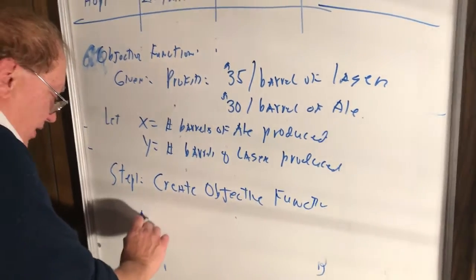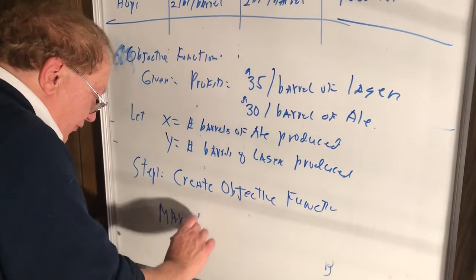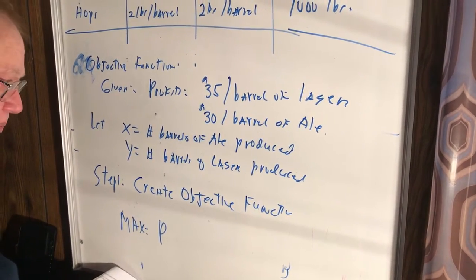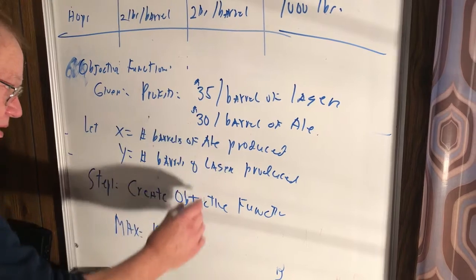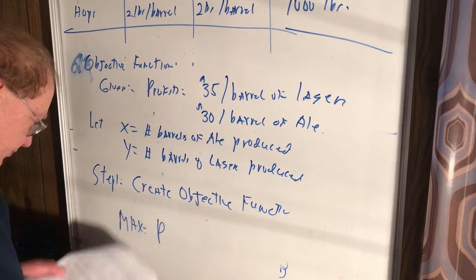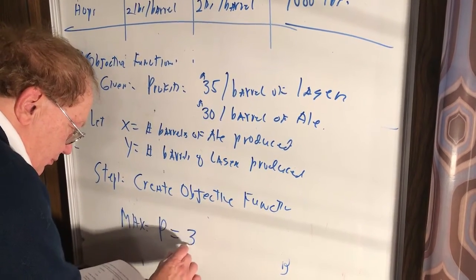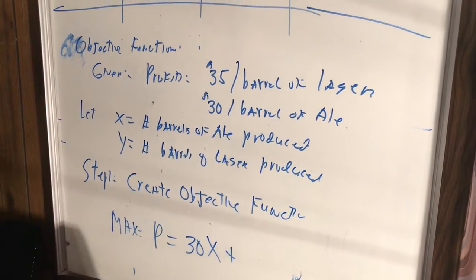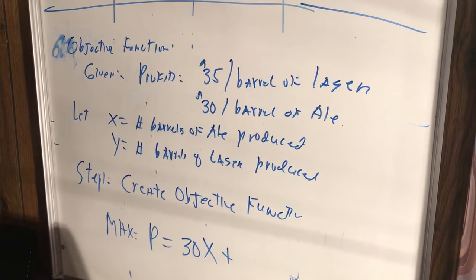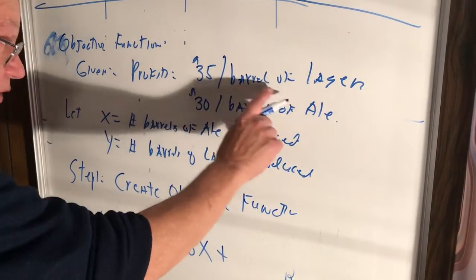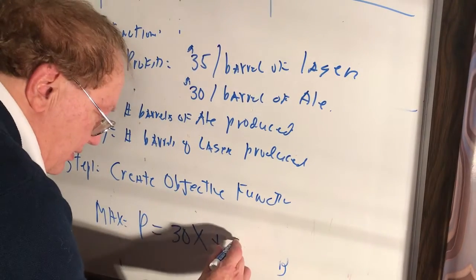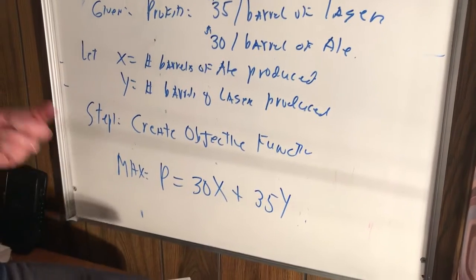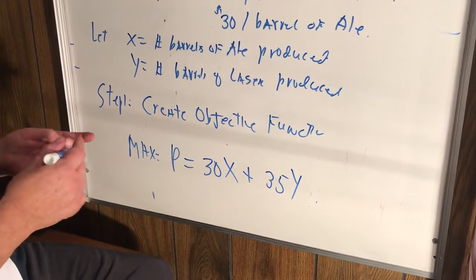I want to maximize profit. Well, it's $30 per barrel of ale, and there's X barrels of ale, so it's going to be 30X. There's Y barrels of lager and $35 a barrel of lager profit, 35Y. I now have my objective function in mathematical form.